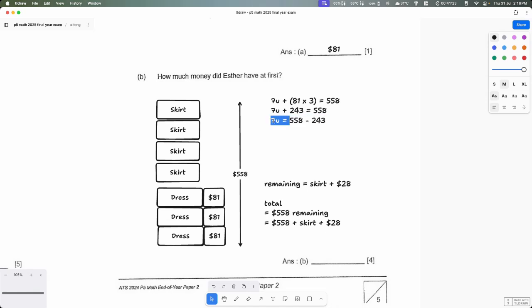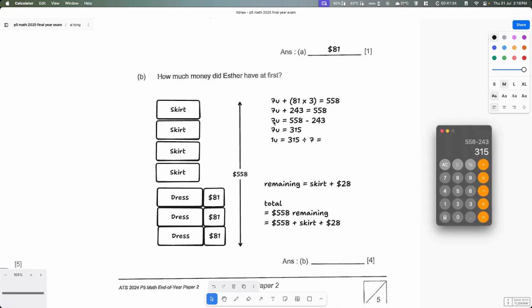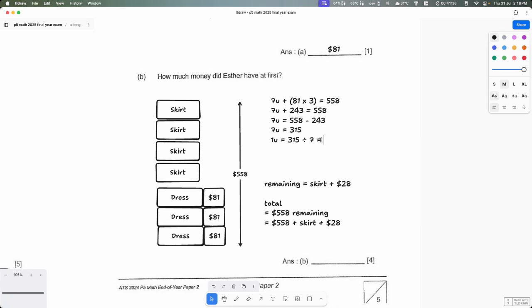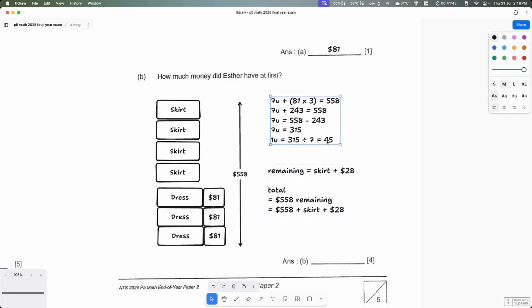So 7 units is equal to 315. 1 unit is 315 divided by 7, which gives 45. So 1 unit is 45, which means the skirt is equal to $45.